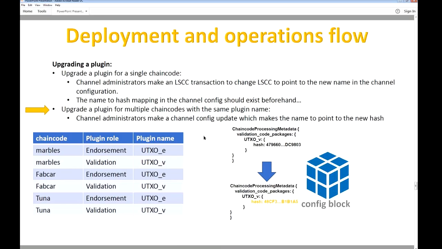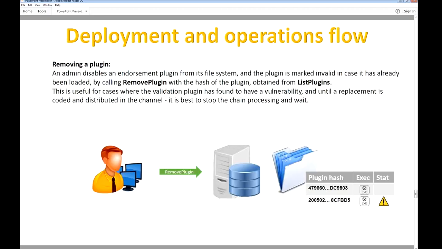So we'll make a new channel config transaction, which simply changes the pointer of the hash from the previous hash to the new hash. And in this way, all of the peers in the channel that have UTXO_V as their validation logic start running the new version of the code with the new hash.